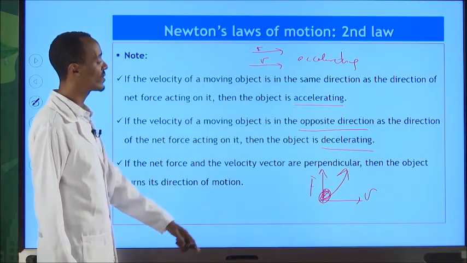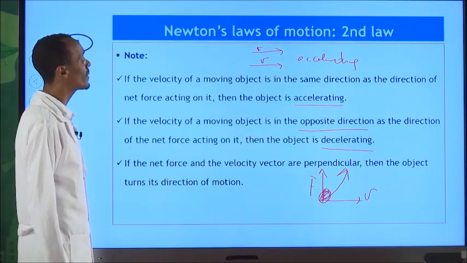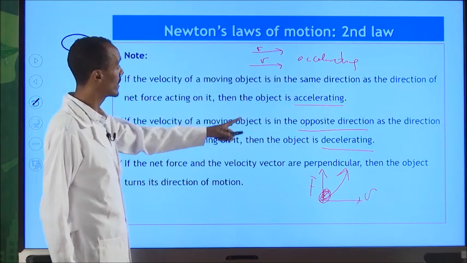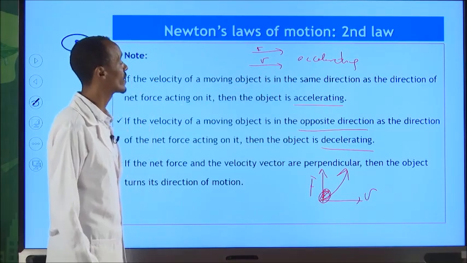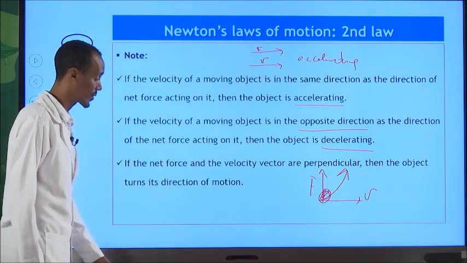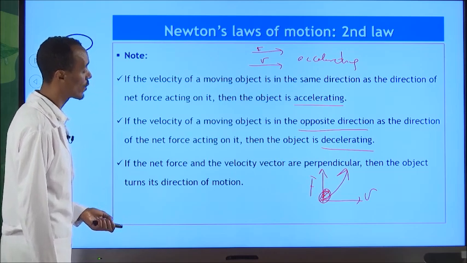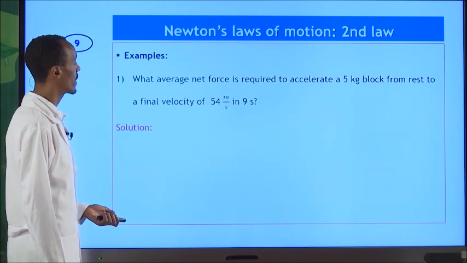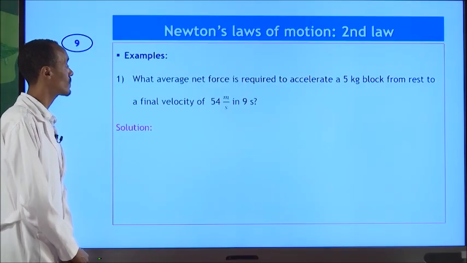Because the force and the velocity are perpendicular to each other, the object is accelerating, but it is not equal to the case where the force and the velocity are in the same direction. So we have to take care of the direction of the force applied on an object when we are carrying out calculations. Now let's consider example 2.